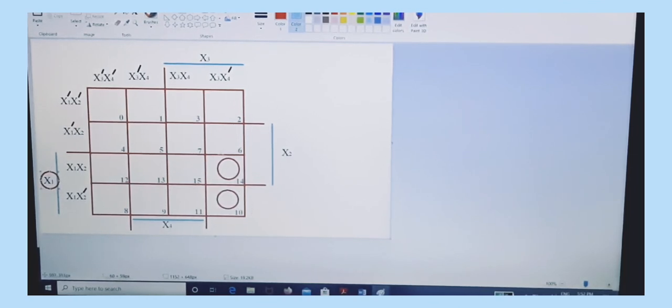Therefore, when you combine this, the simplified expression is you will get x1, x3, x4 dash. So that is the answer for this problem. Okay. So this is the process of how to combine the variables in Karnaugh Map.